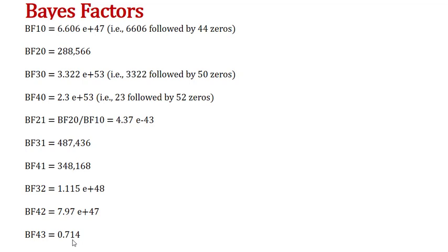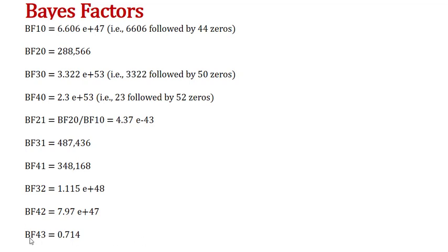But this one, we have a bit of difficulty to say what it is. It should be the data is 0.714 times as likely under model 4 than under model 3. Easier is what we can do is to invert this.